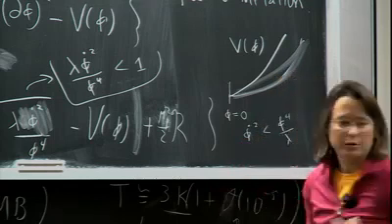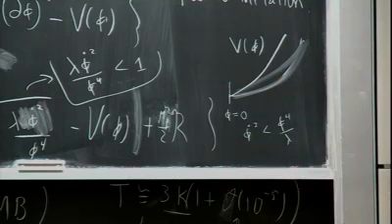Lambda is the usual 't Hooft coupling of AdS/CFT. R to the 4th is like lambda or something.